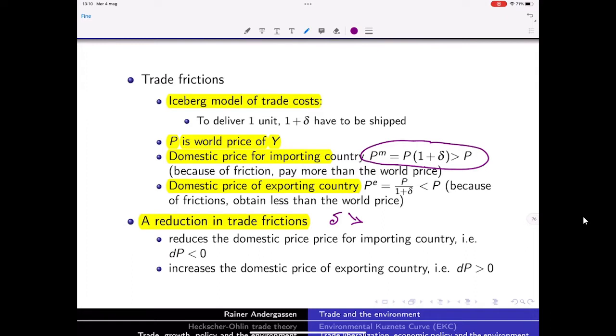So PM goes down, but on the other side, for the exporting country, the price increases. PE goes up. This is the effect of reducing trade frictions.